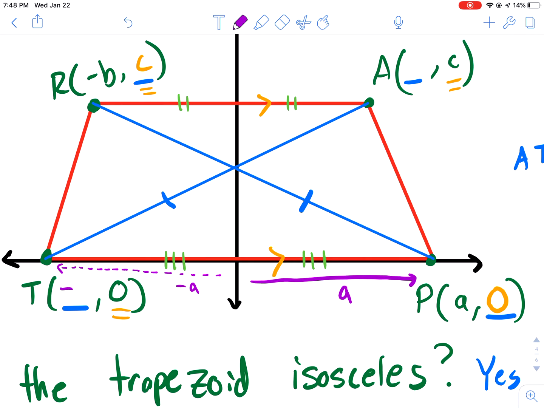So it is negative A, okay? So if you're ever confused about a problem, input a number. If we had this distance as not A, but 7, then obviously the same distance going this way would be negative 7. That's only intuitive that that would be the case, okay? But that's not the case. We're using variables, so let's stick with variables.